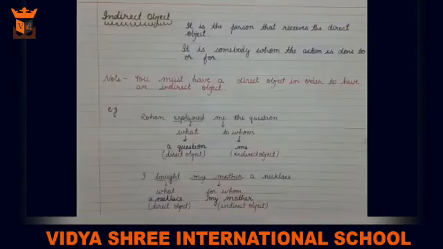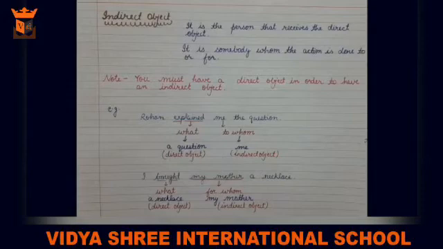What are indirect objects? It is the person that receives the direct object, or you can say it is somebody whom the action is done to or for. Confusing? Let us clear our doubt with some examples.